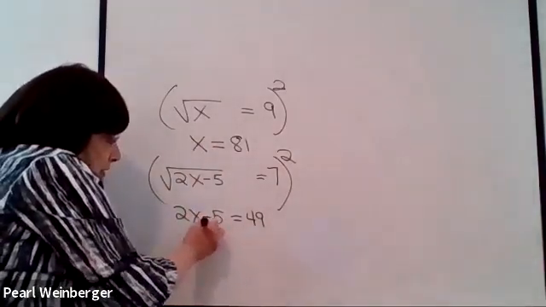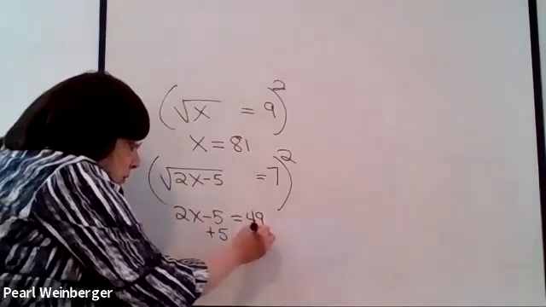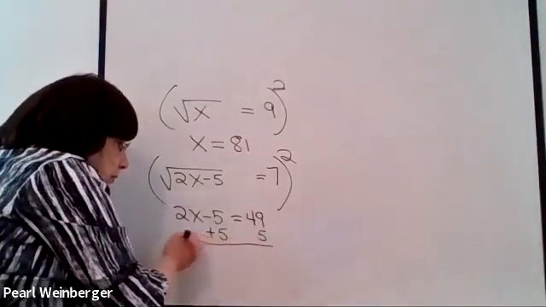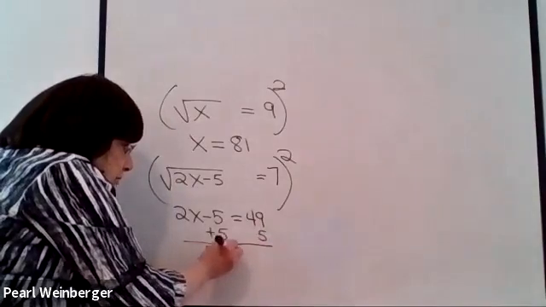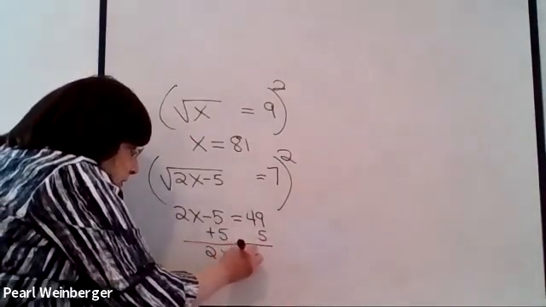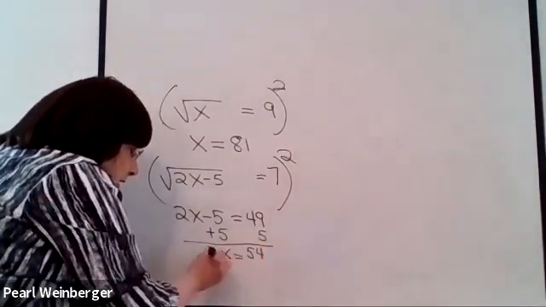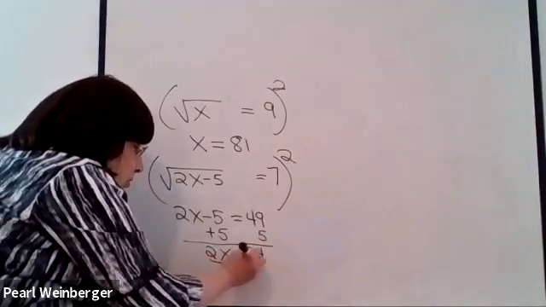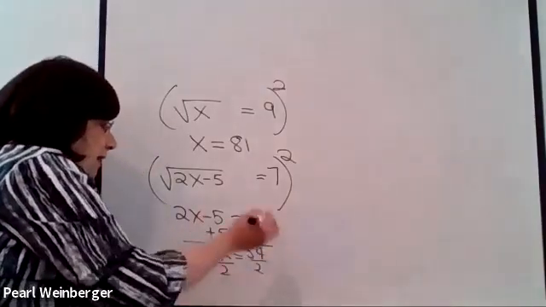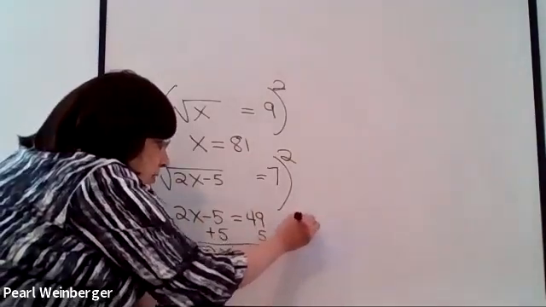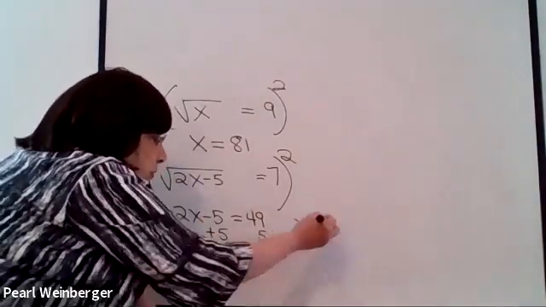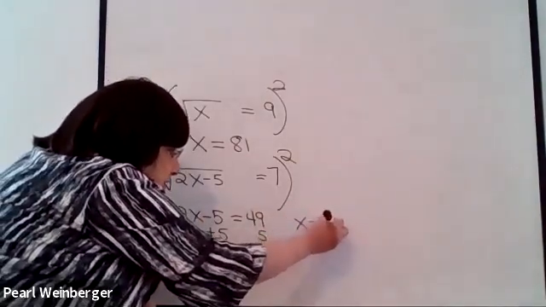And now I solve it. I add 5 to both sides, which gives me 2x equals 54. When I divide by 2 to get x, I get that x equals 54 divided by 2, which is 27.